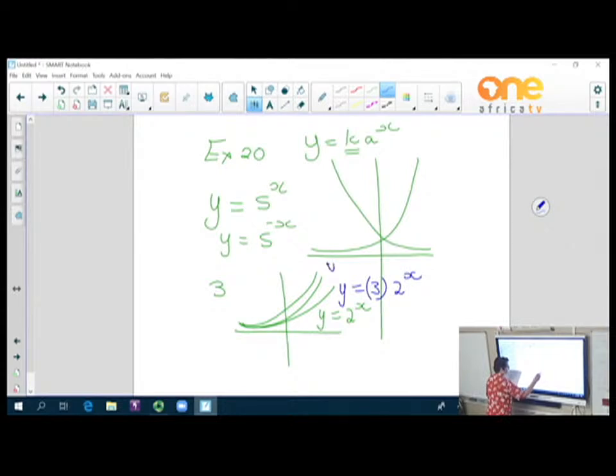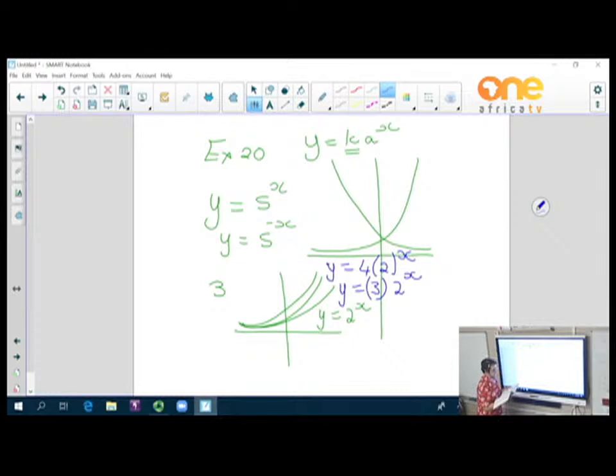And the next one, y is equal to 4 times 2 to the power of x. So in this graph, we can clearly see that this constant, this initial value, is changing the graph shape a little bit. But still, you can do them with your table, set a table, choose a scale.